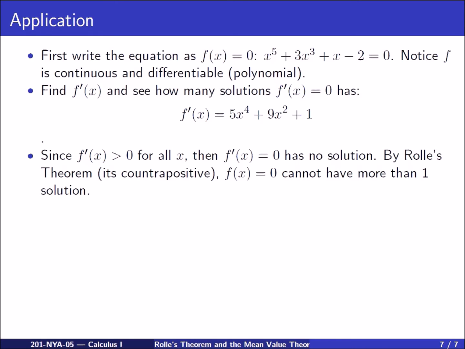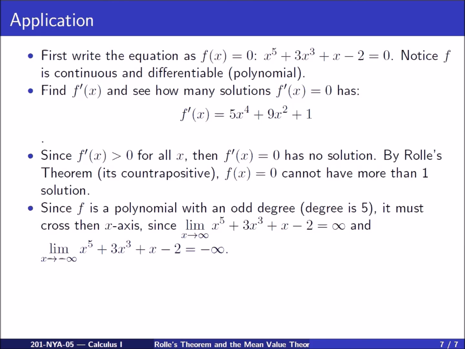And since the coefficient in front of x to the 5 is 1, which is positive, we know the behavior of the polynomial as x goes to infinity and minus infinity. As x goes to infinity, the polynomial goes to infinity. As x goes to minus infinity, the polynomial goes to minus infinity as well.